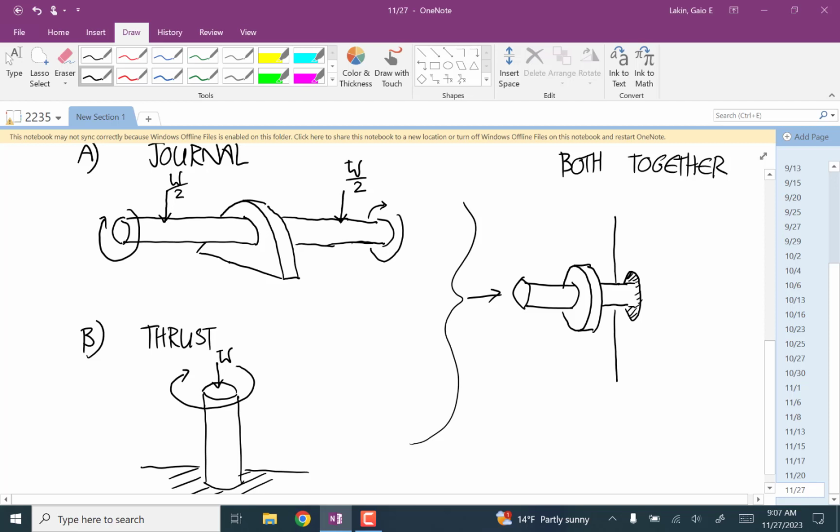I don't know if I talked about the type of friction that we're talking about here. When you did sliding of blocks up and down inclines in Physics 1, do you remember what type of friction you were talking about?